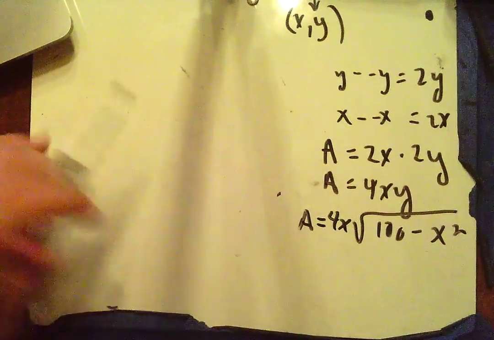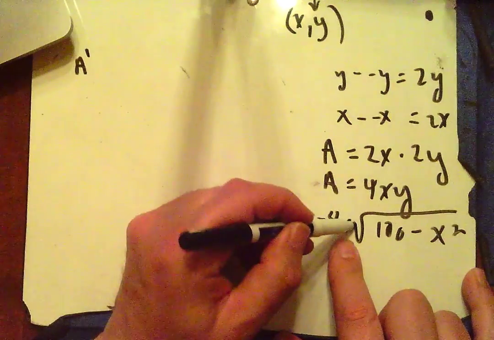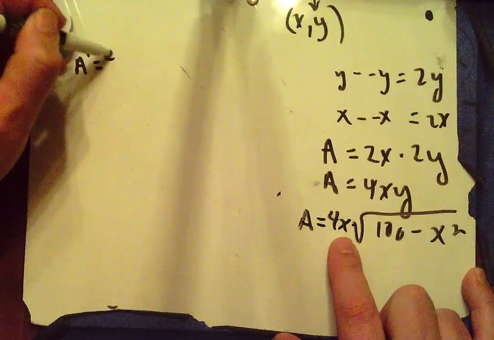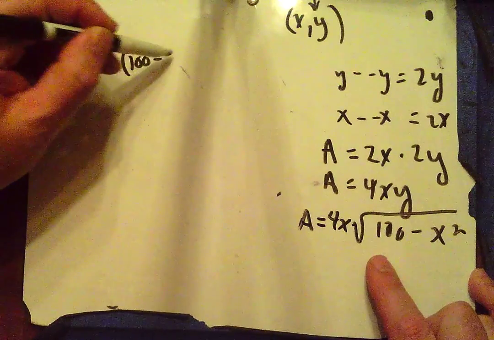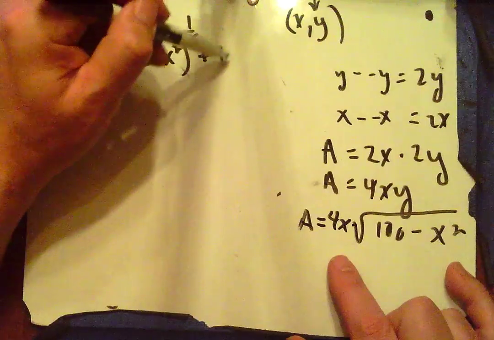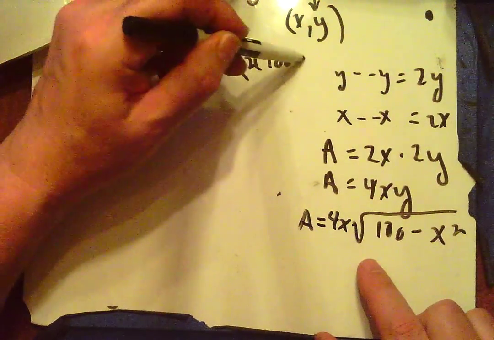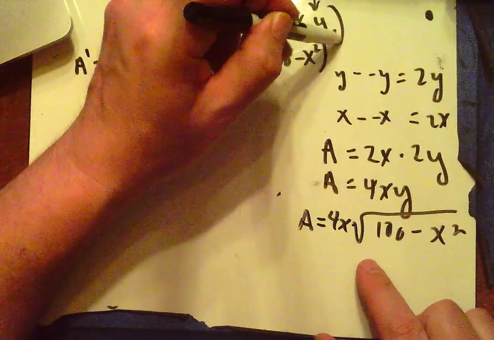So let's see. A prime, it's product rule, right? Multiplication is 4 times 100 minus x squared to the 1/2 plus 4x times 1/2 times 100 minus x squared to the minus 1/2.